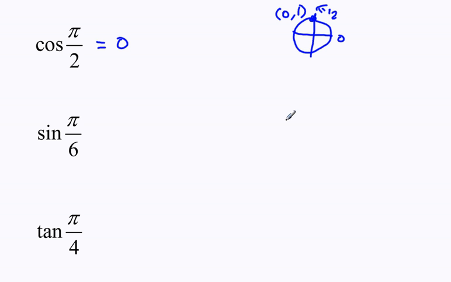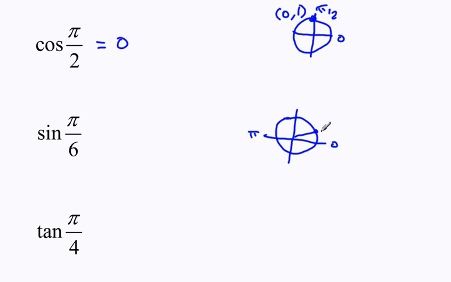So sine of pi over 6. Okay, so I'm going to draw my quick circle, and that's pretty bad, but we'll show how even an inaccurate one can be helpful. So pi over 6, remember, here's 0, and here's pi. Pi over 6 is 1/6 of pi. So I pretty quickly see, oh yeah, it's going to be this one. That's 1/6 of this.